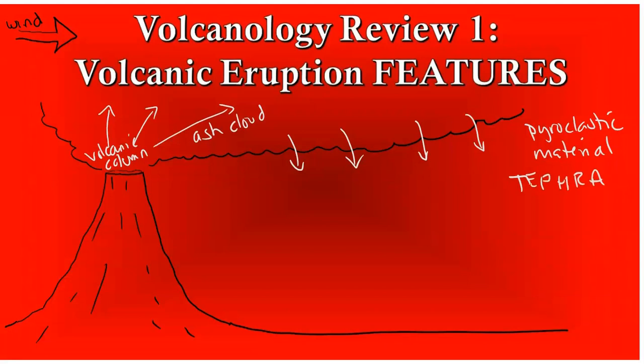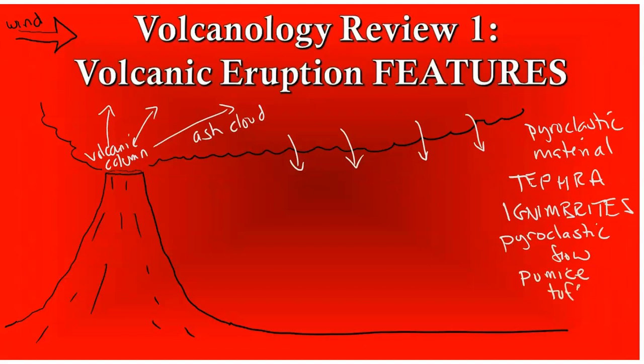And this is also called ignimbrite, it flows as pyroclastic flow and lays down layers of pumice, tuff, various forms of this ash.